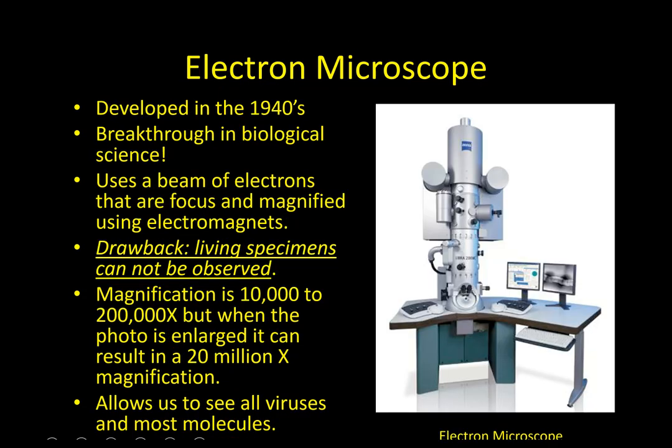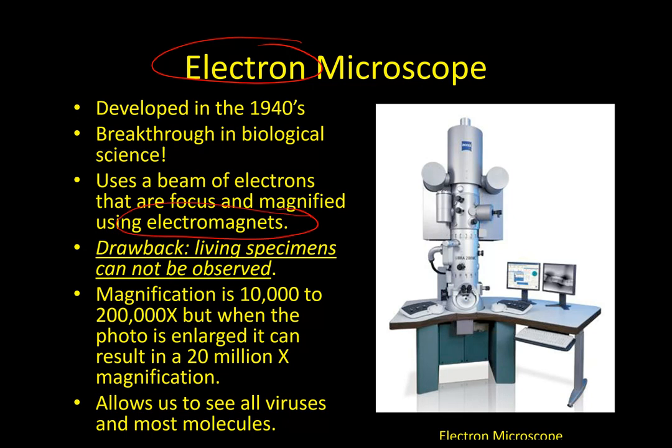Now, the third type of microscope that you will hear a lot about is the electron microscope. Electron microscopes were built in the 1940s. This was like a big, huge, ginormous deal. They were a huge breakthrough in biological science. They use beams of electrons that are focused and magnified with electromagnets.